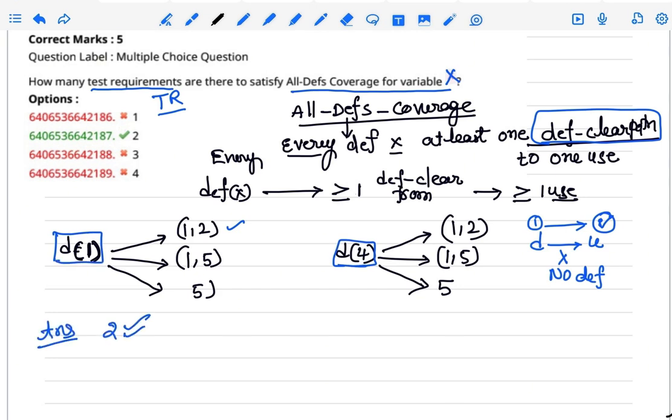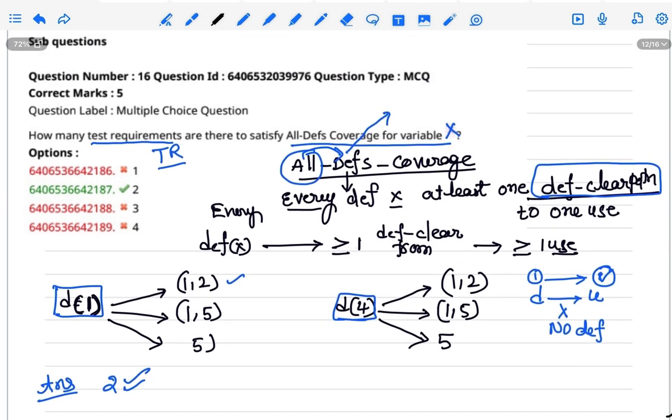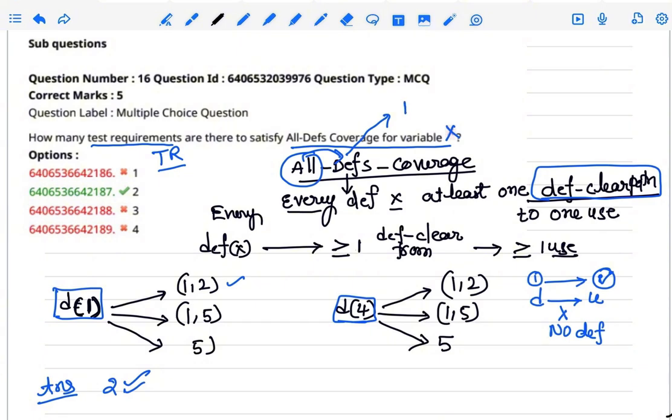From every definition to at least one use, you can cover all the definitions, and that is why it is all defs coverage. However many definitions there are, that many paths are needed.